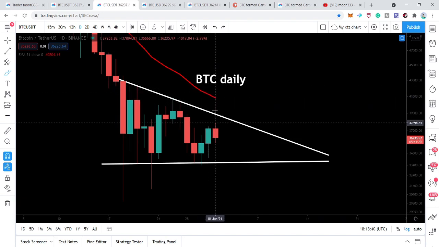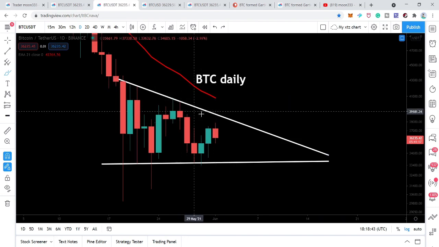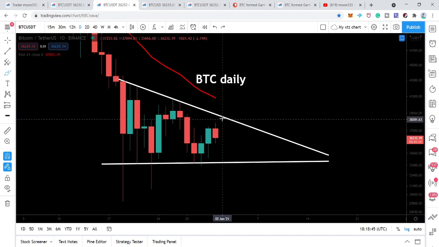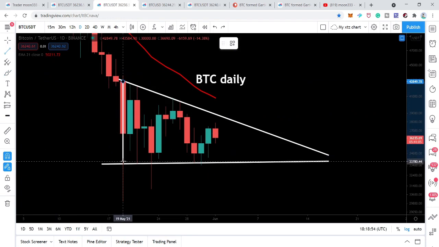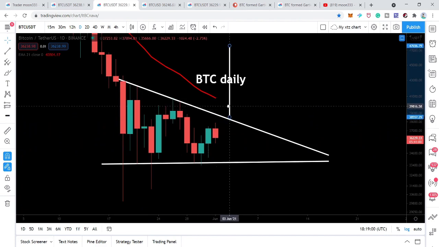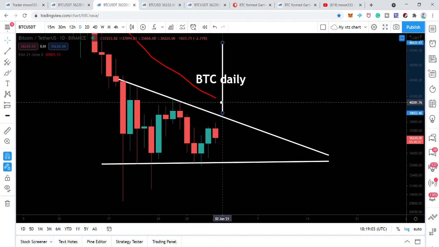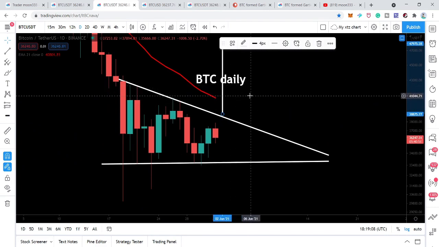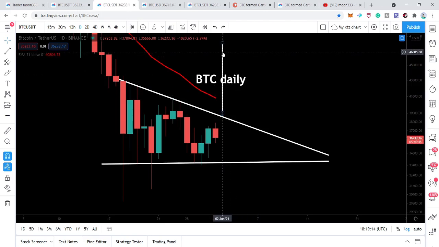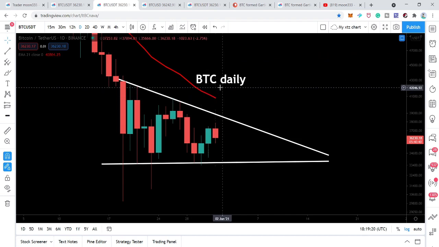Now if the price action will break out this resistance of this descending triangle, then on the daily time frame chart it can also break out the EMA 21 as well, because the targets for this triangle, if I place this trend line here, and I have already shown you these targets in my previous video as well, if we will have a breakout at this level from here, then our target can be approximately at $48,000. Now if our target is $48,000 and the price action will move up to this level, then definitely it will also break out this EMA 21 daily.